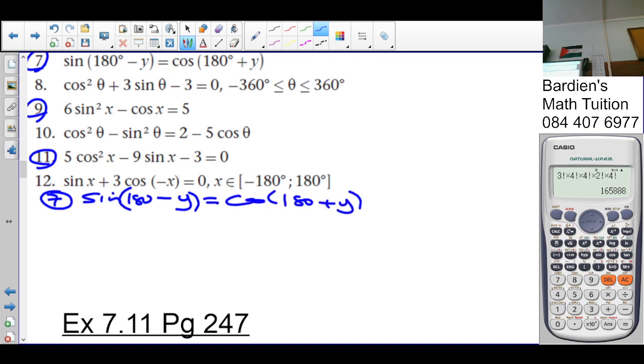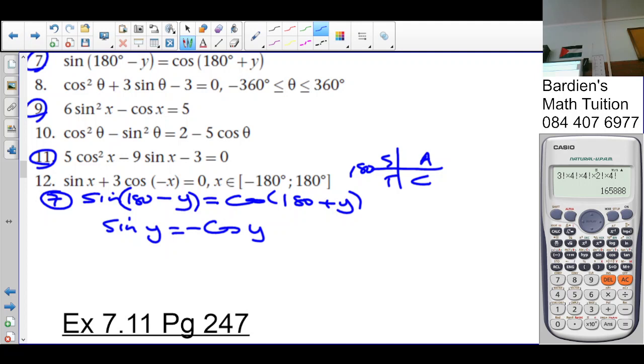The first thing we do is use the reduction formula. 180 minus takes us to quadrant 2, where sine is positive, so it's sine of y. 180 plus takes us to quadrant 3, where cos is negative. Now we have sine of y is equal to negative cos of y.